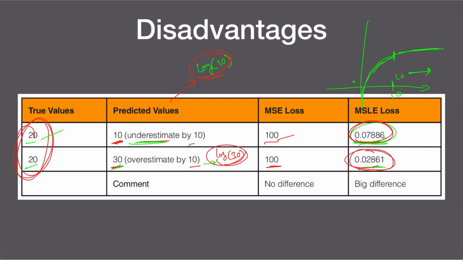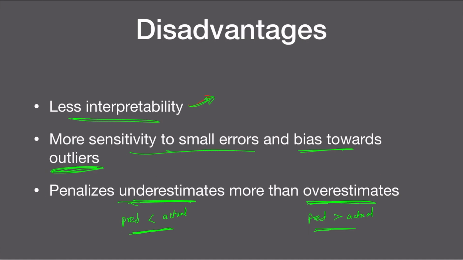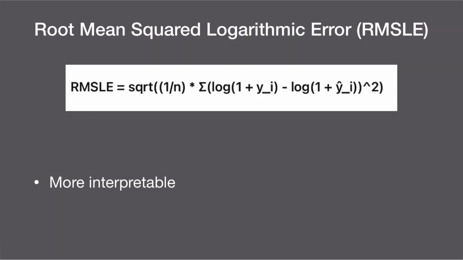Because of the nature of this log curvature, underestimates, which are smaller values of log, will have more value compared to overestimates, where you have larger values, which is getting flattened out here. That is the reason we say that it penalizes underestimates compared to overestimates. There is one more variant of mean squared logarithmic error.